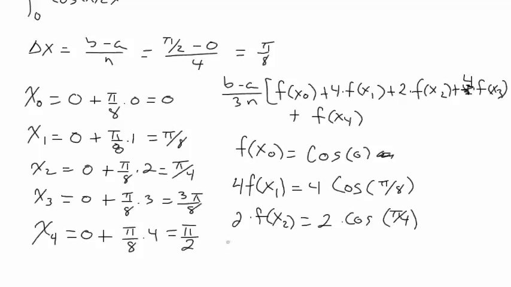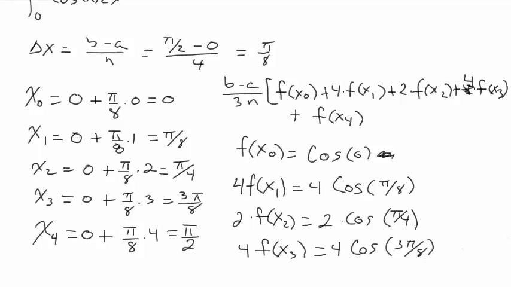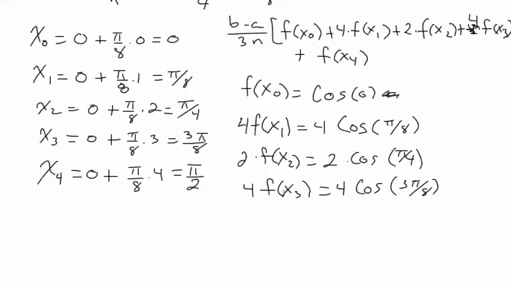Do we remember what that is? And then f of x3 is 4 times cosine of 3 pi eighths. And the last one, f of x4, is cosine of pi halves. Remember what that is. That's an easy one to know.